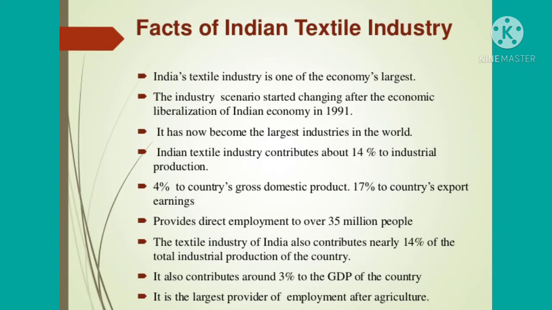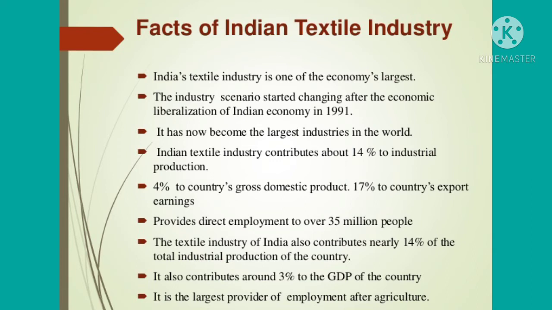The activities included in this are the manufacturing of clothing, upholstery, bedding, curtains, rugs, carpets, and many other things. If we talk about size, it can be a large-scale or small-scale industry; both can be included.